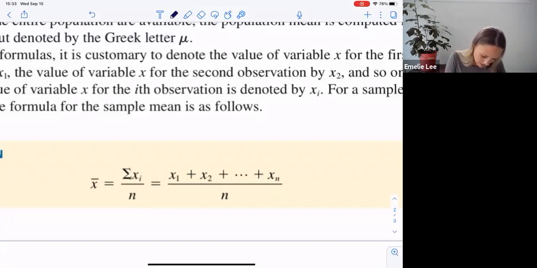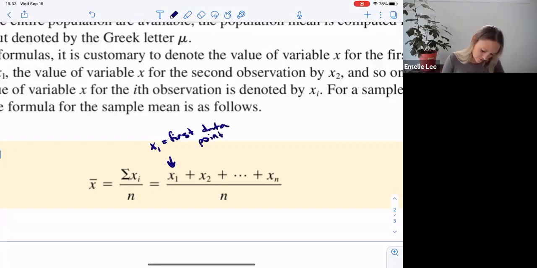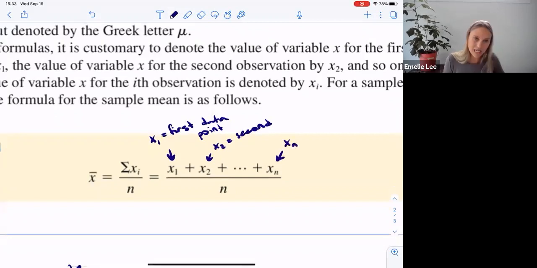And so here, X subscript 1 is the first data point, whatever its value is, X2 is the second, and X subscript n is the nth data point.